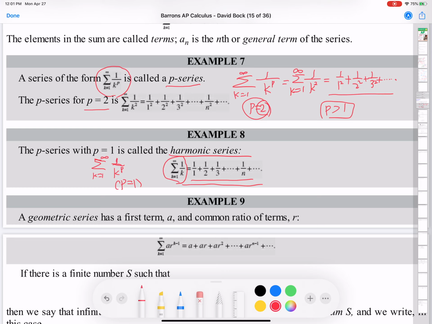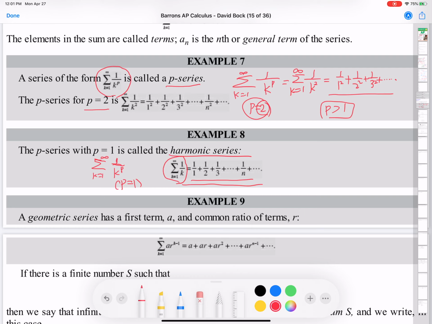That means 1, 2, 3, 4, 5, a perfect arithmetic sequence, right? That's why this is a harmonic sequence, and the sum of all those terms is the harmonic series. Series means sum. The harmonic series is a p-series with p equals 1, and only when p is greater than 1 can a p-series converge, so the harmonic series is always divergent.